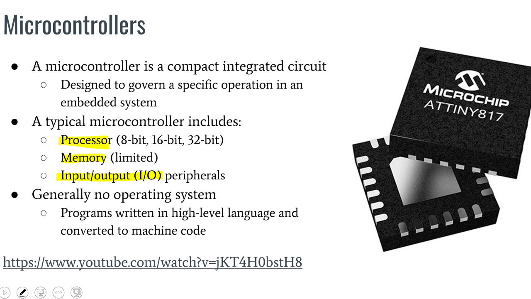From your understanding of a general purpose computer or the von Neumann architecture computers, these three form the main part of a computer: the processor, the memory, and input-output. So what we essentially get from a microcontroller is a computer.